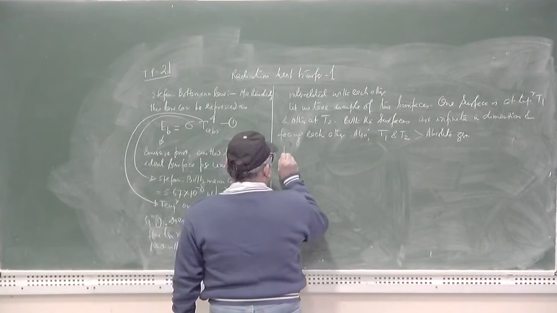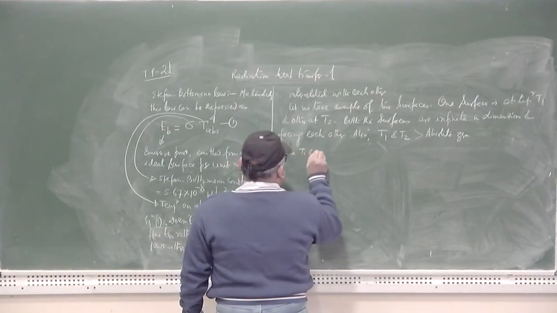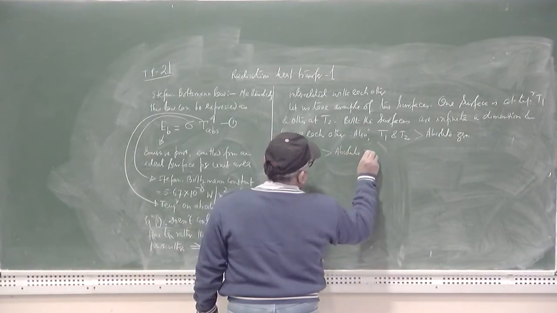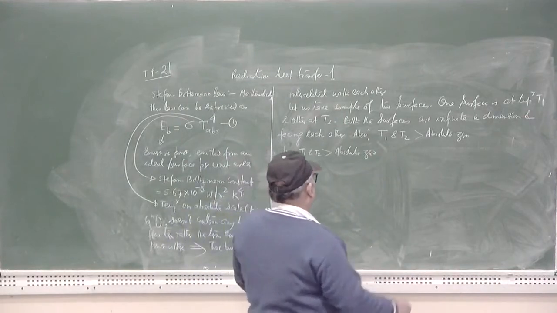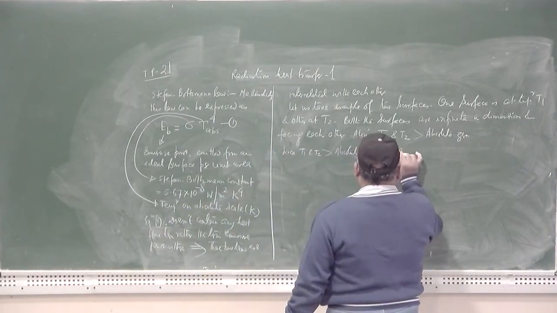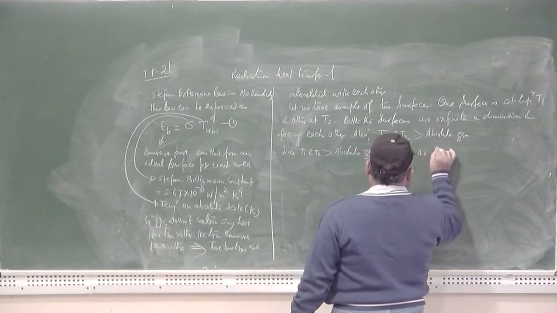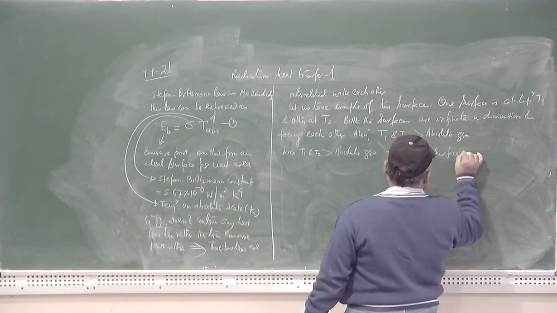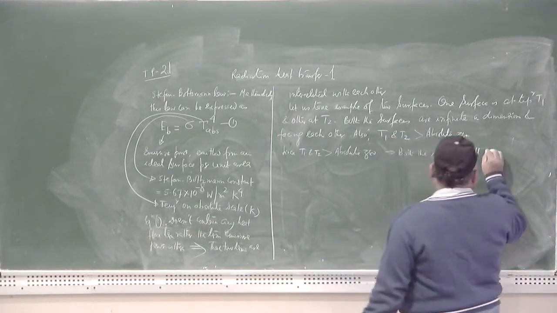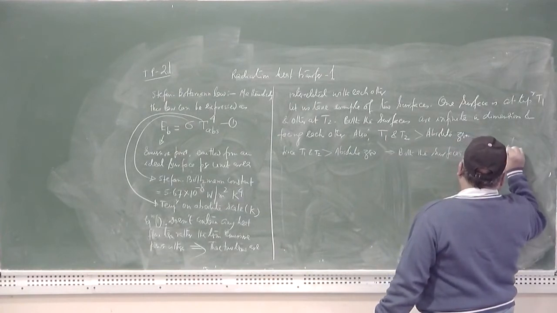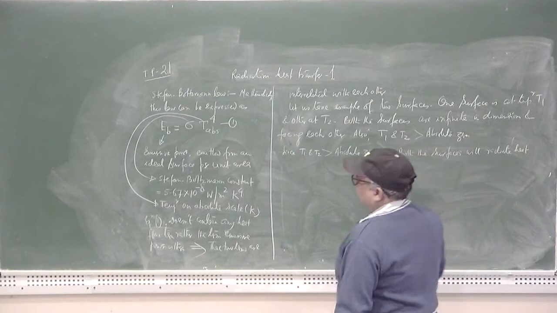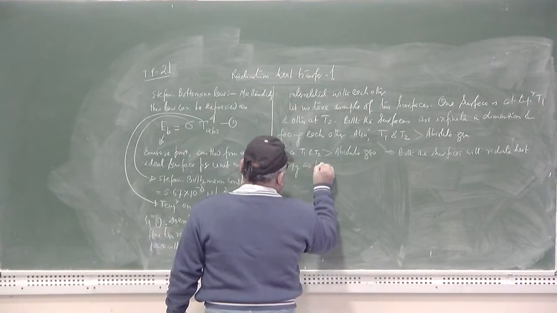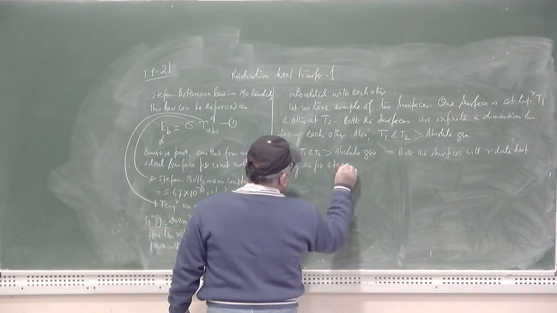So, since T1 and T2 are greater than absolute 0, it means both the surfaces will radiate heat energy as per Stefan-Boltzmann law.